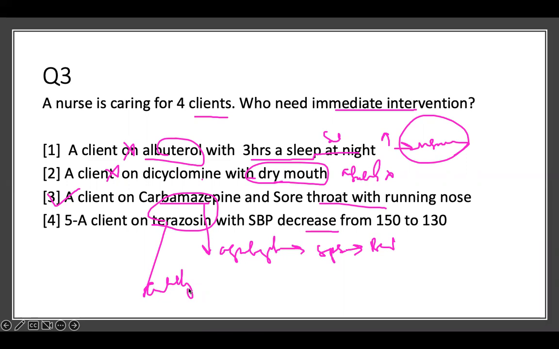If your systolic blood pressure drops from 150 to 130, that's the definition of orthostatic hypotension. This is expected from terazosin. That's what you see when a patient is on it. Therefore, you tell them to get out of bed slowly. So this is not a priority patient.